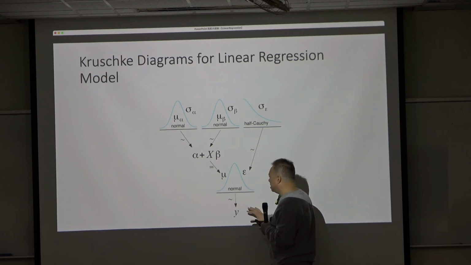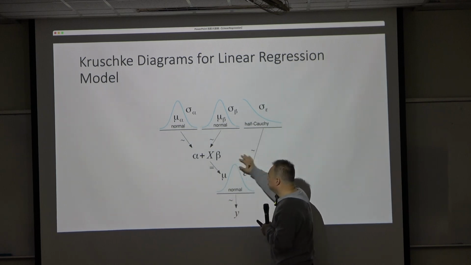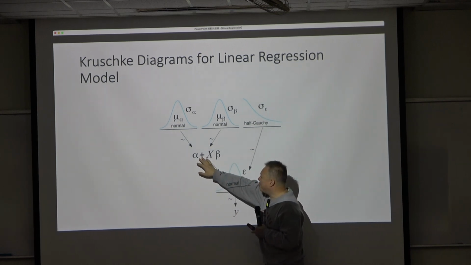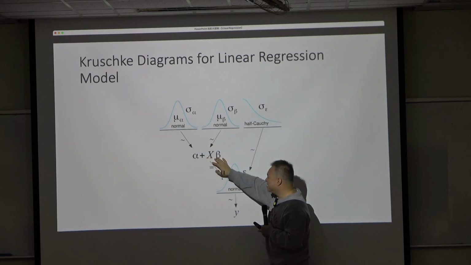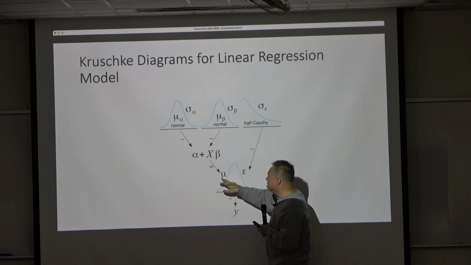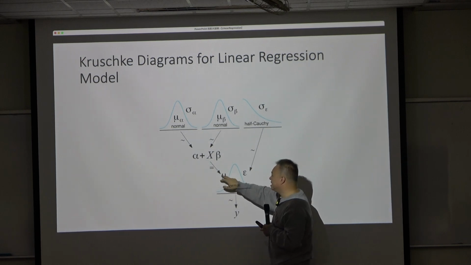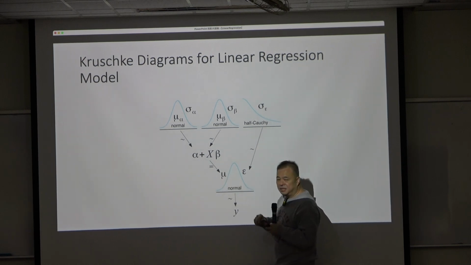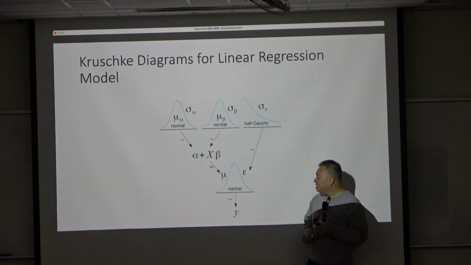It's a normal distribution, and in this normal distribution, mu is defined as alpha plus x beta. This is an equal sign. In other words, this mu is a deterministic variable.